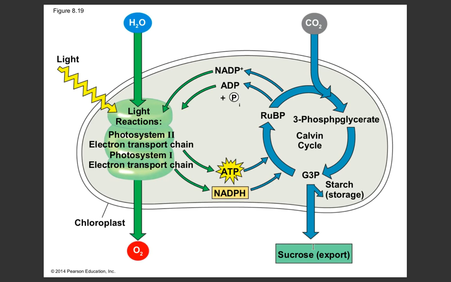It says sucrose exported, but it's glucose that's exported. And then that RuBP is the thing that we are going to attach the carbon dioxide to as it's coming into the Calvin cycle. Again, right here in the picture, there's a little enzyme. It's called rubisco. That is the most abundant enzyme probably on the planet because it's in every plant. We need it, right? And there's a lot of plants. Cool deal. So that's the overall process of photosynthesis.